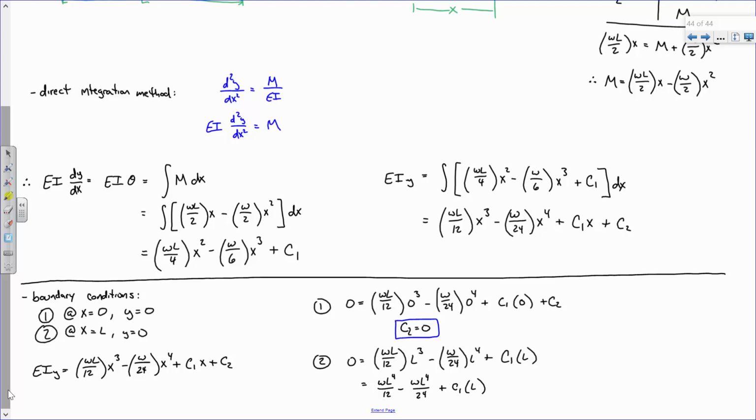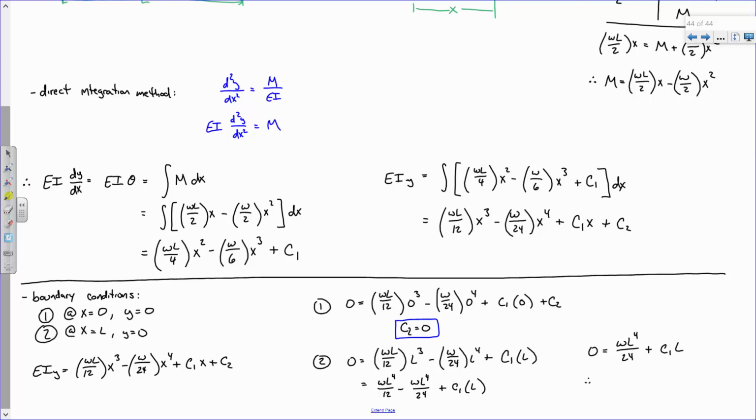So can we simplify this? What is 1/12 minus 1/24? If you have a Casio FX115 ES Plus, it will do this for you. So WL to the fourth over 24 plus C1L.